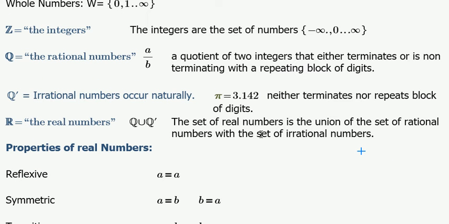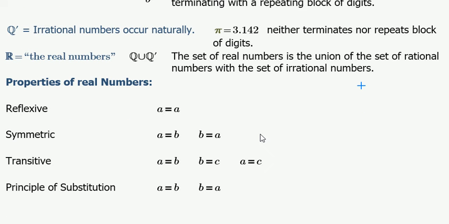For example, pi is a quotient of the circumference of the circle to the diameter. Neither terminates nor repeats a block of digits. The real numbers are the union of rational numbers and the irrational numbers.